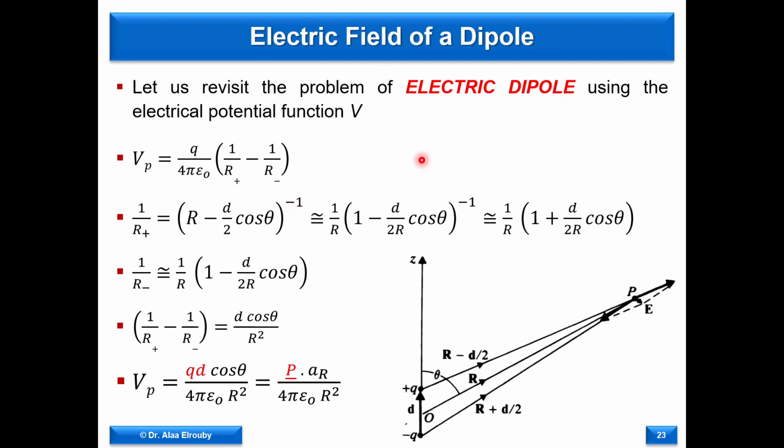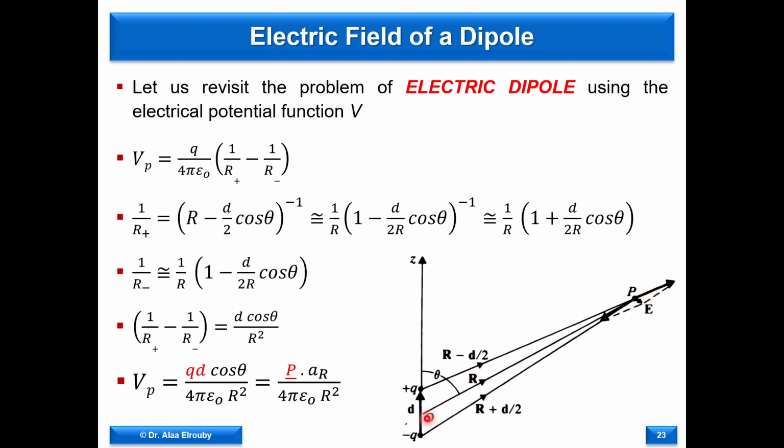Let us revisit the problem of the electric dipole and calculate the electric potential because of this dipole. From the electric potential, later on, we're going to calculate the electric field. We know that the electric field equals minus the gradient of the electric potential. So what is the electric potential for the dipole? It's at any observation point, and you remember that we choose the observation point to be far from the dipole.